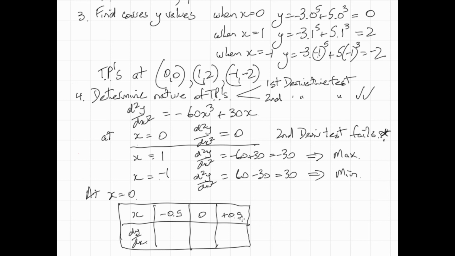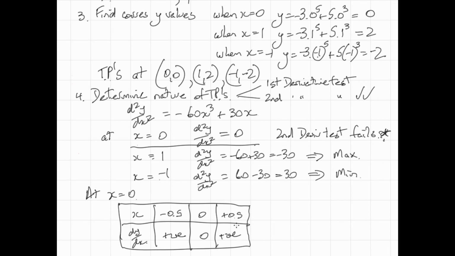And when we substitute those values in, we know when x is equal to 0 that dy dx is equal to 0. And when we put x is equal to negative 0.5, we know that it is a positive value. You put negative 0.5 into dy dx, and you'll get a positive answer, and then you get another positive one when you put in the other value.